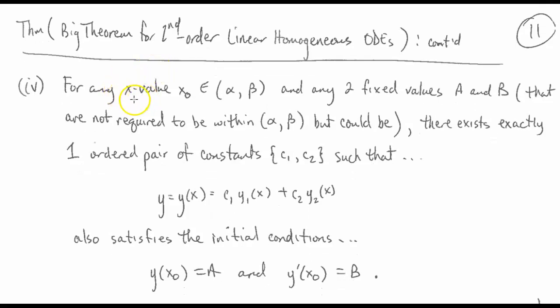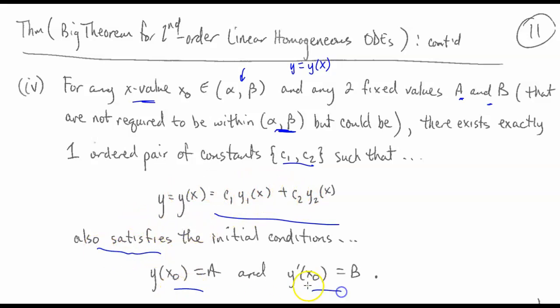Now, last point, for any x value that's in the domain of the function that we're considering the solution to the ODE to be in, and any two fixed values a and b, if we consider that as well, that are not necessarily required to be in this particular range, there's going to exist exactly one pair of constants C1 and C2 such that y is a solution for that, and it will also satisfy these initial conditions.